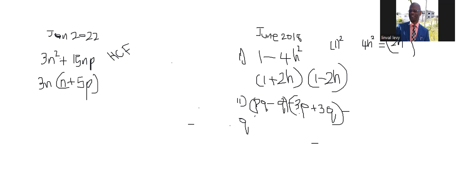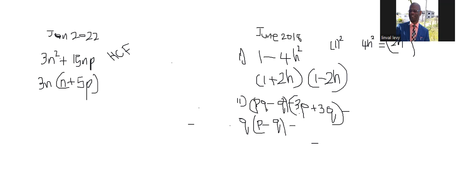Open bracket, pq divided by q will be p, minus q times q divided by q would be q, close.